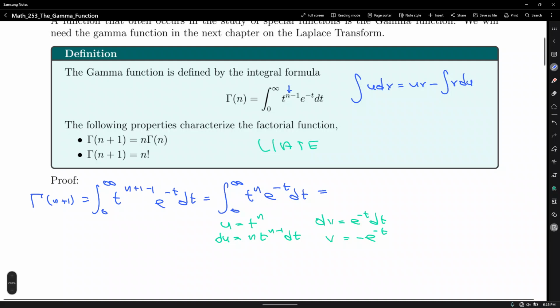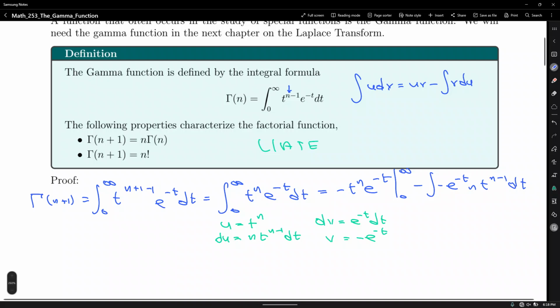So this will be u times v, that is negative t to the n, e to the negative t, minus the integral from 0 to infinity. Well, technically, this already goes between 0 and infinity, because this is already a result of the integral. And then minus the integral of v, which is negative e to the negative t, times du, which is n t to the n minus 1 dt.